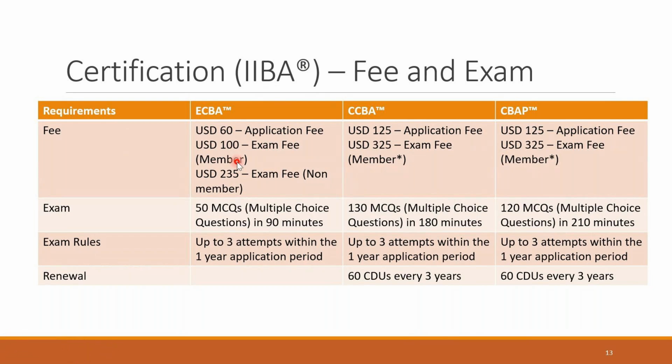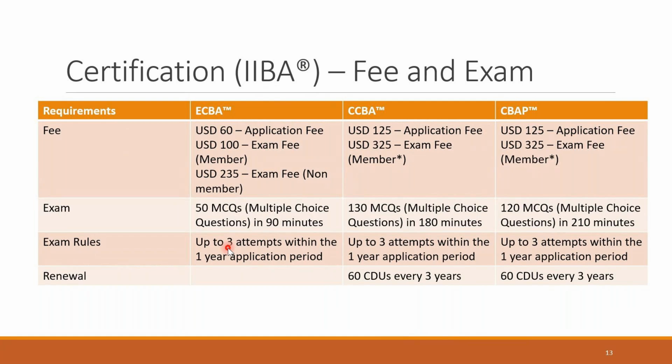The exam pattern for all three comprises multiple choice questions. The duration of the exam differs from ECBA through CBAP. For example, in ECBA, you are given 50 multiple choice questions to complete within 90 minutes. If you are unsuccessful in your first attempt, you can take the exam up to 3 times in 1 year.